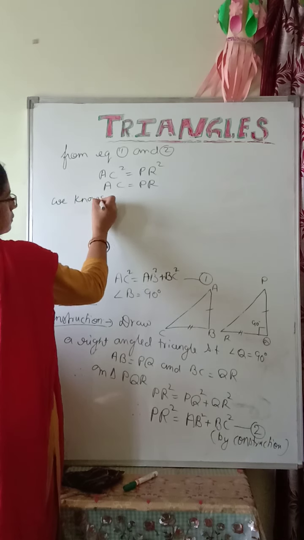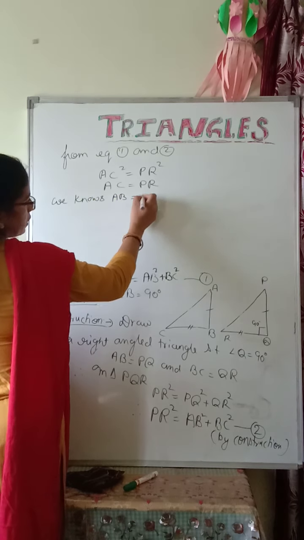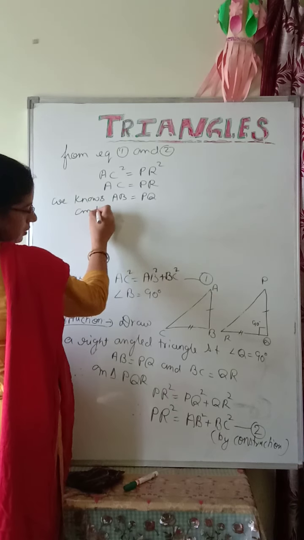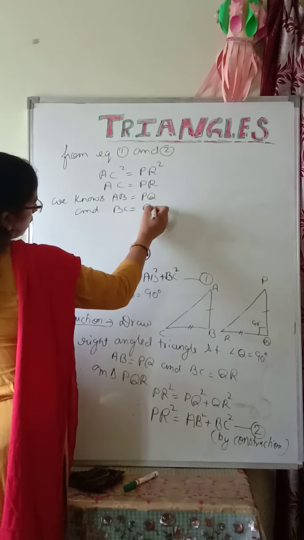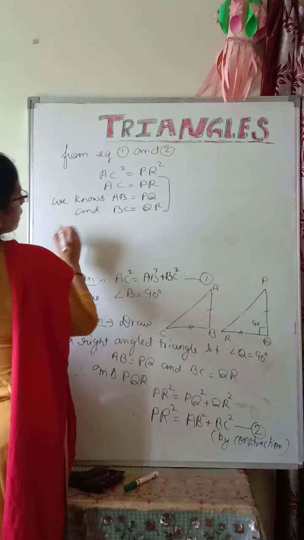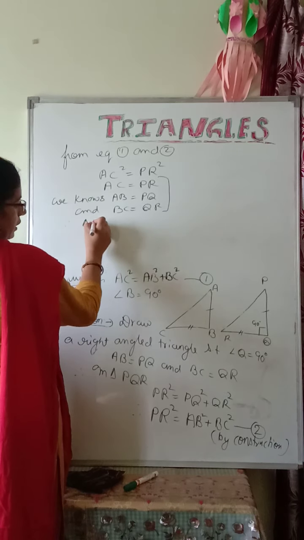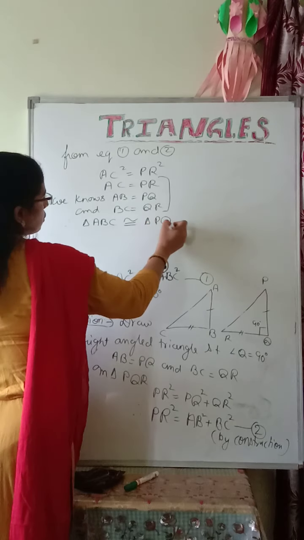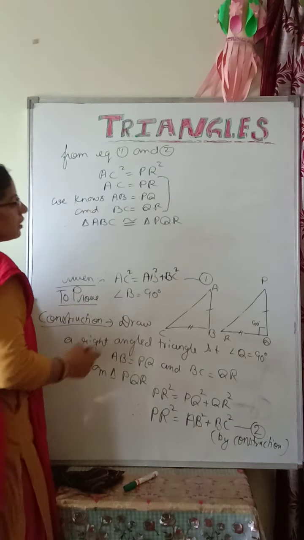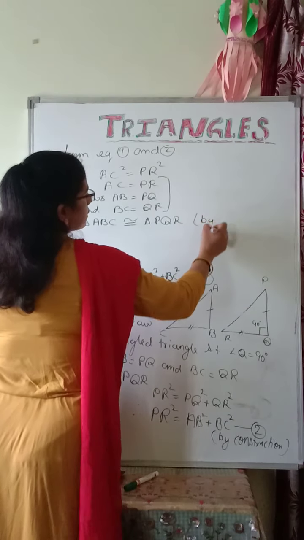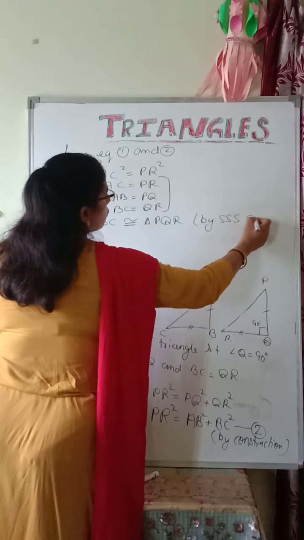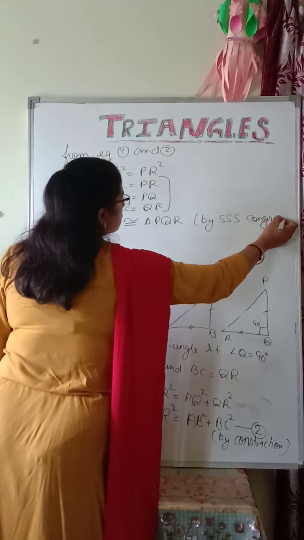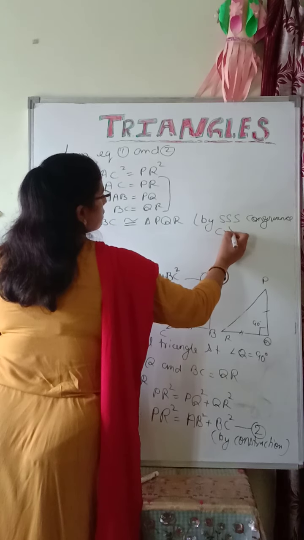We know AB is equals to PQ and BC is equals to QR. So from these three, so what we'll say, therefore triangle ABC is congruent to triangle PQR because all three sides are equal by side congruence rule, congruence criteria.